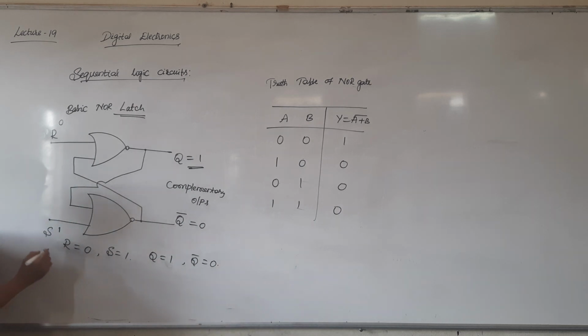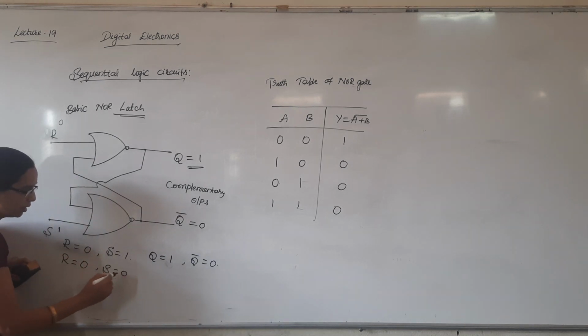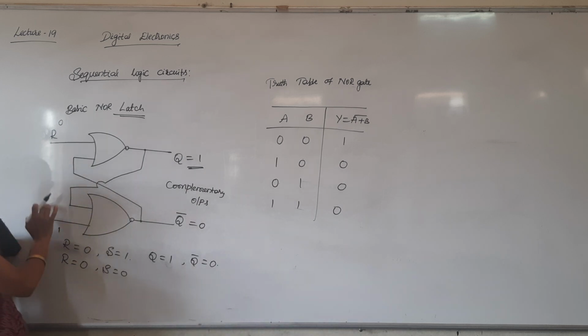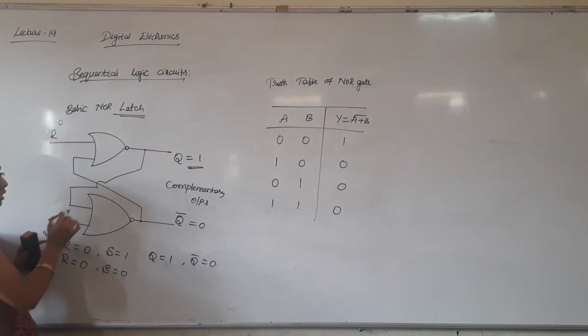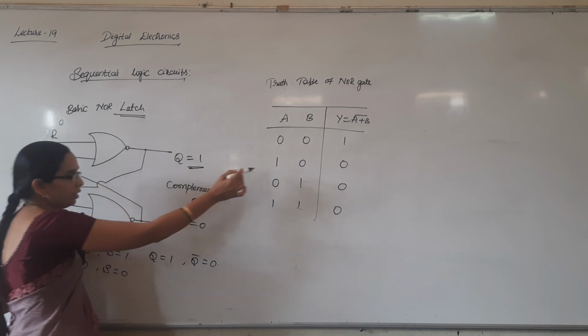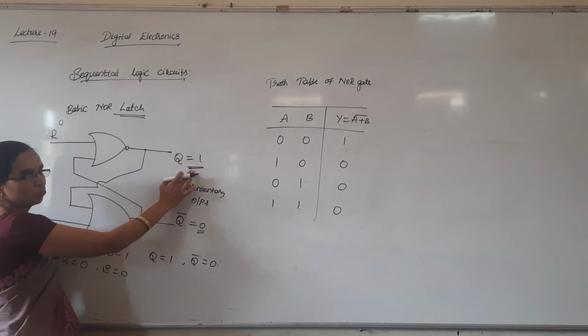Okay, I will take another example. I will retain R as 0 and S I will also make 0. If both are 0, what happens? R was 0, S is also 0 now, and Q is 1. 1 and 0 gives 0, and 0 and 0 gives 1.